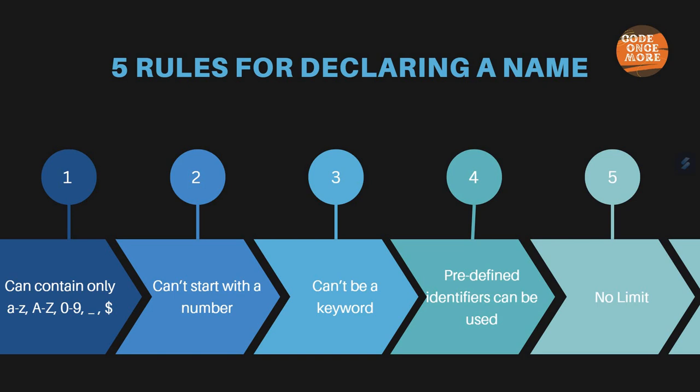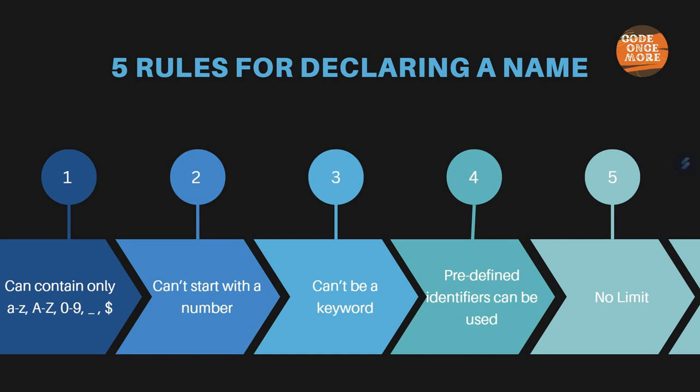The first rule is that the name can only contain small a to z letters, capital A to Z letters, 0 to 9 numbers, an underscore or a dollar. The second rule is that these names cannot start with a number. The third is that the name should not be a keyword.